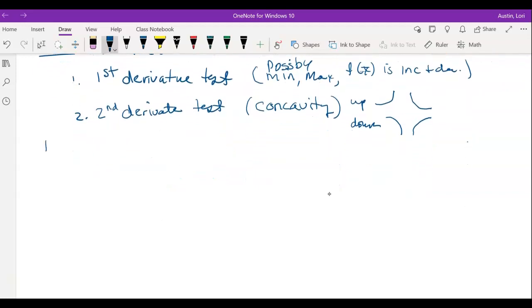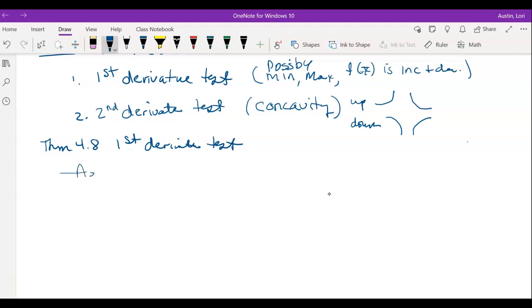So this is theorem 4.8. So we have some assumptions.